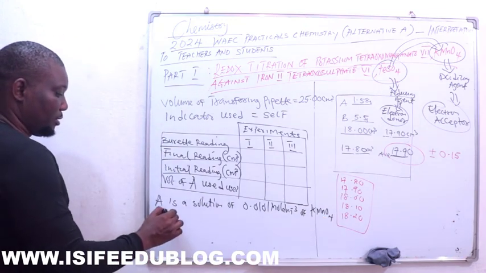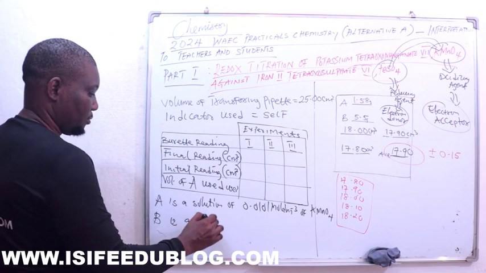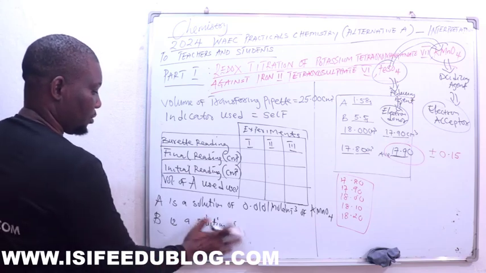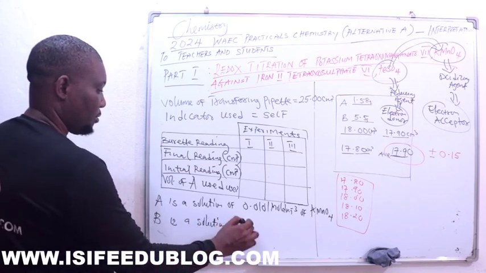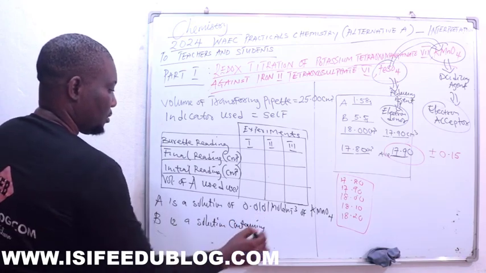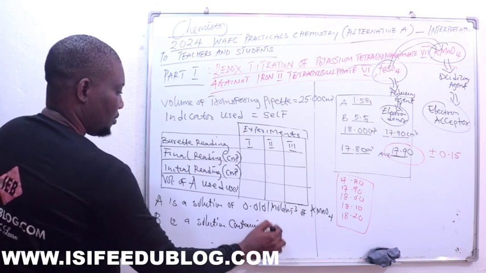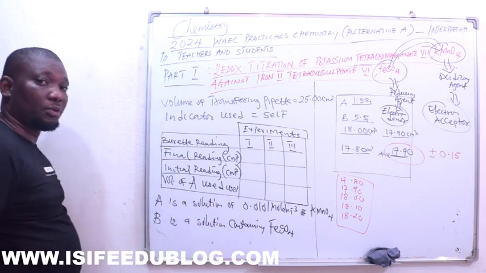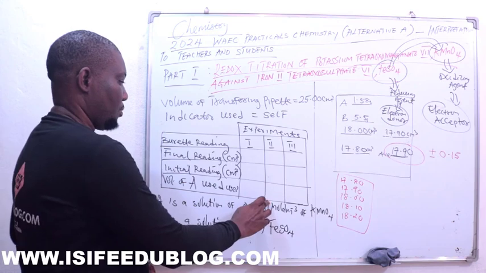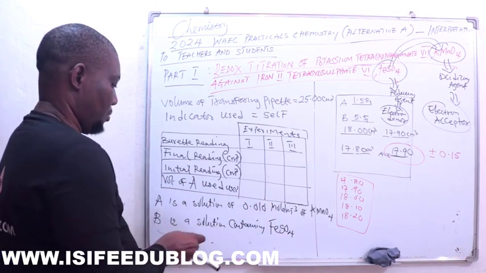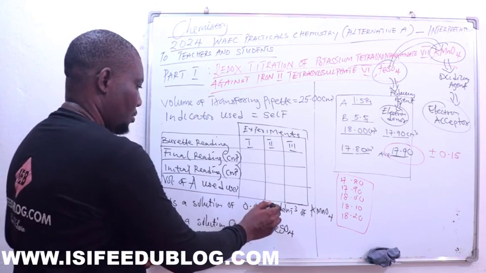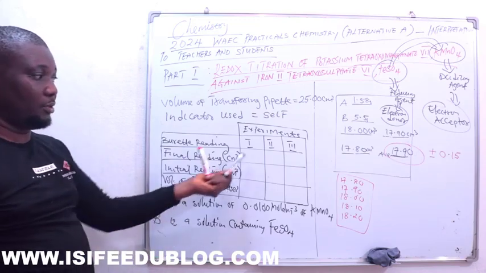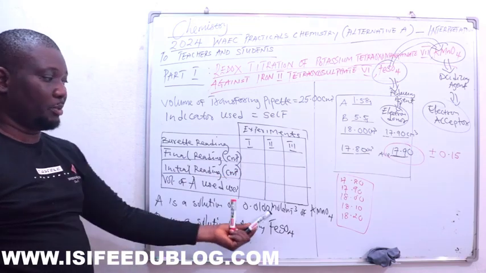And then B is a solution containing FeSO4, maybe of unknown concentration. Okay. Now this is information that is needed to fill the table, but the teacher had already prepared this.